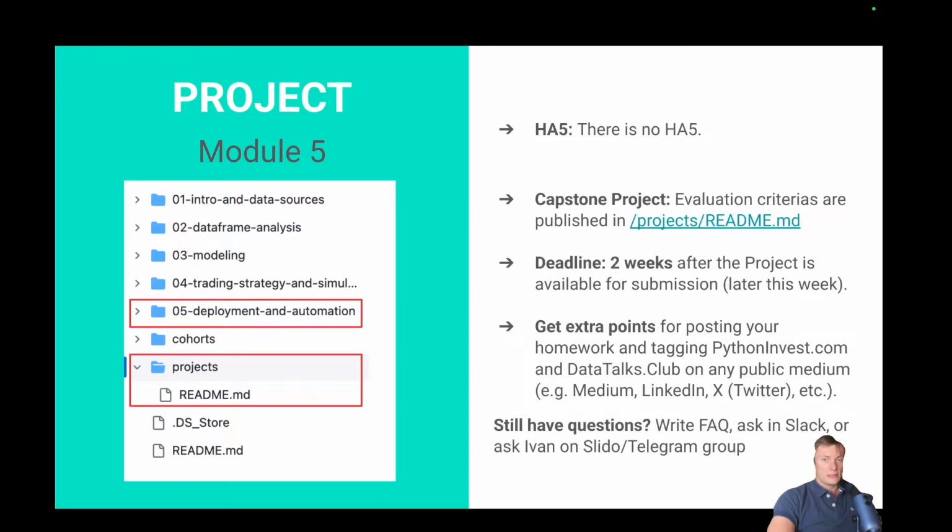You can get additional points for tagging Python West and datatalks.club when you create a project or submit a home assignment. I know it may be a great milestone for you if you create a project that is actually working. So please share with us, share with everyone, and we can check what you have.